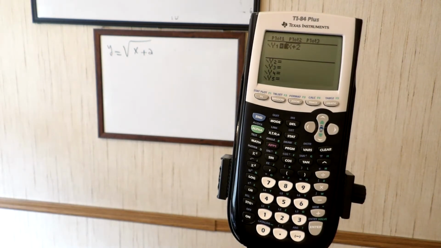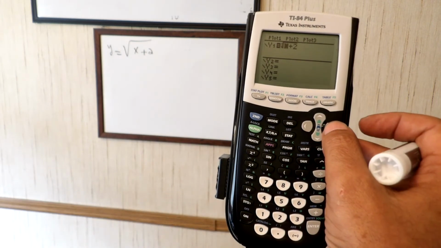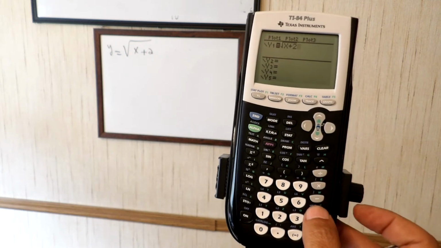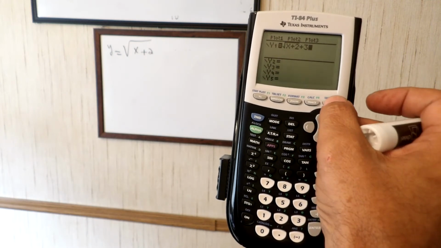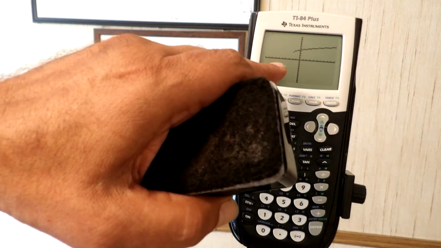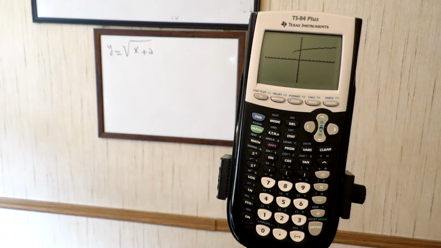How about this one, the square root plus 3? What's going to show? It's interesting to see that this is going to start from -2 and then plus 3.